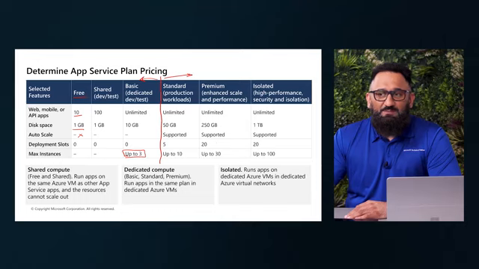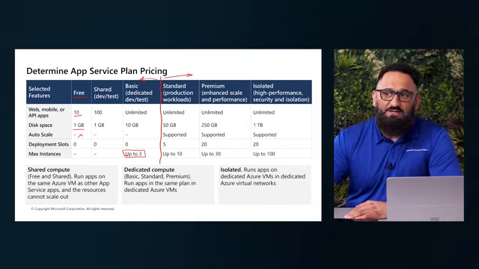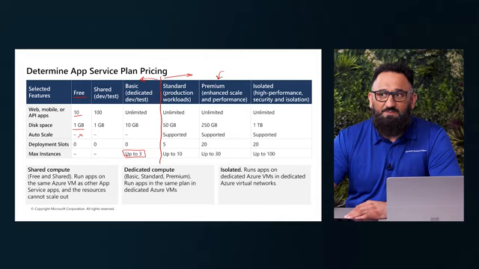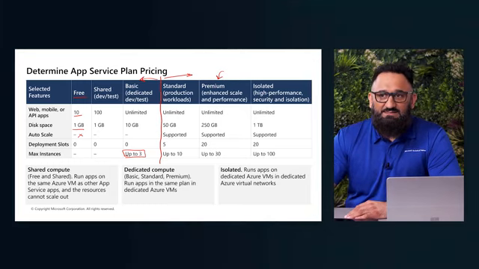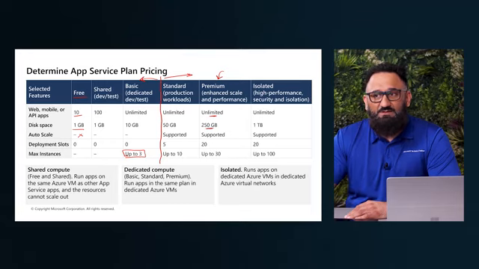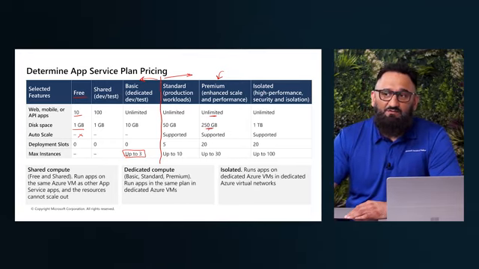We could look at plans that are in production and look at options like the premium plans. Now, the premium plans have an unlimited number of sites that we can host on them, with some storage space given to us as part of the plan.